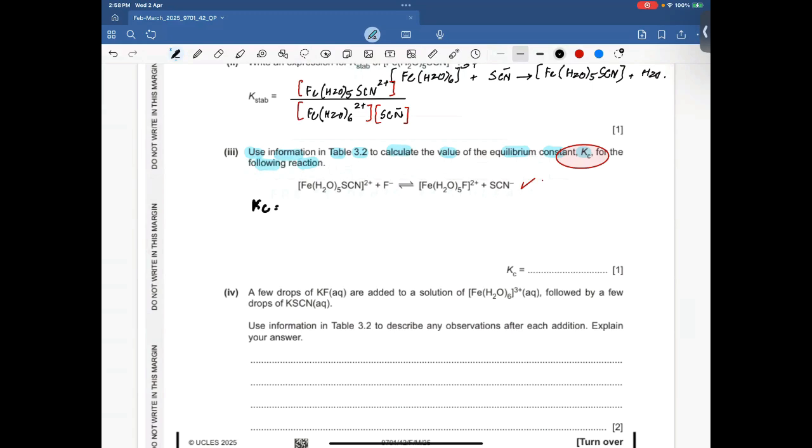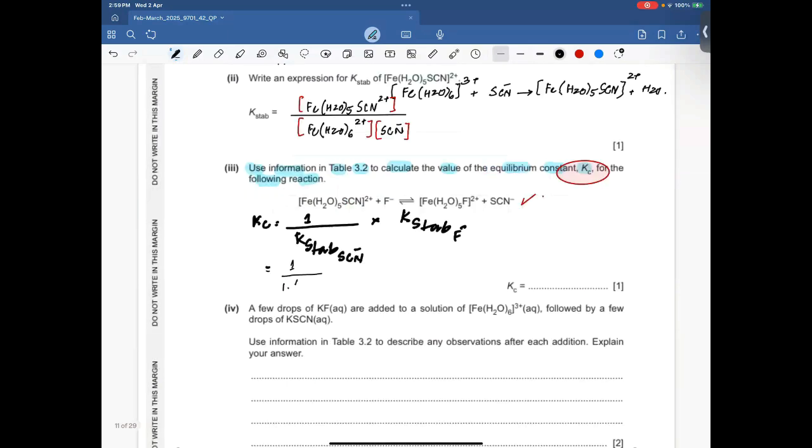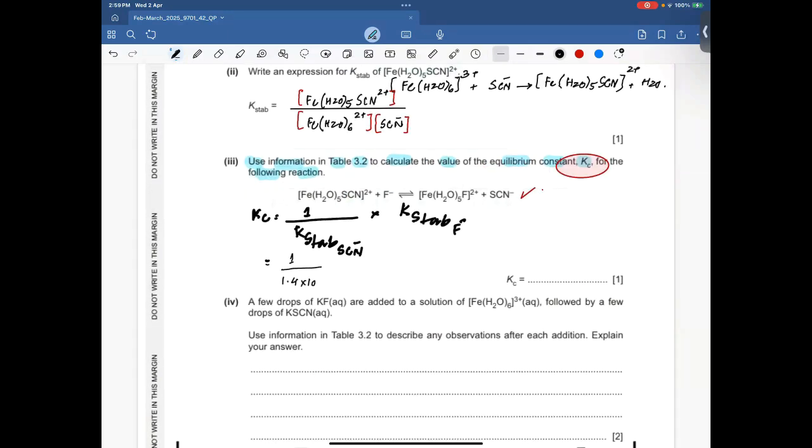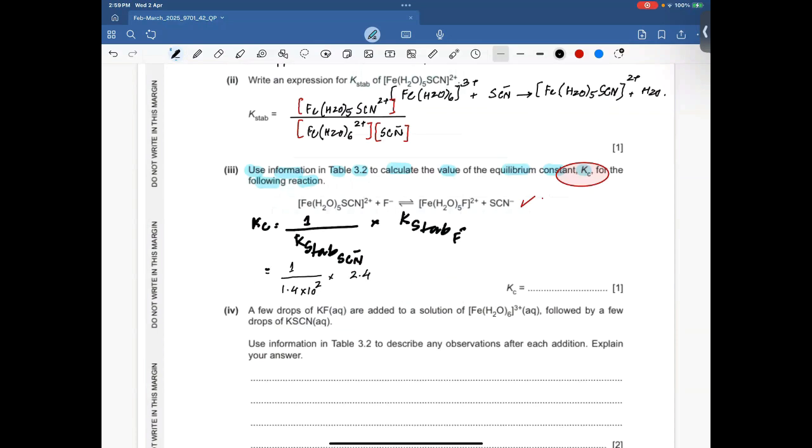Kc equals 1 over K step thiocyanidine into K step fluoridine, which is 1 over 1.4 into 10 to the power 2 into 2.4 into 10 to the power 5.